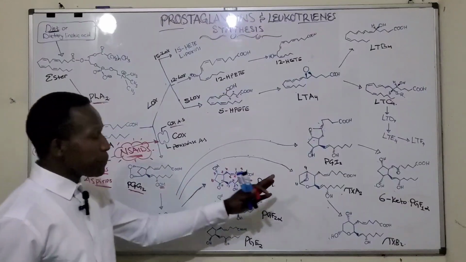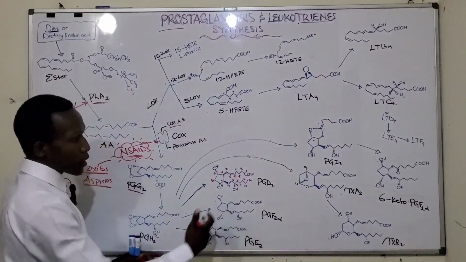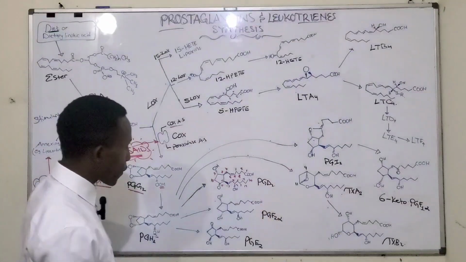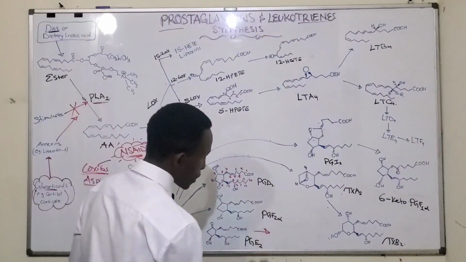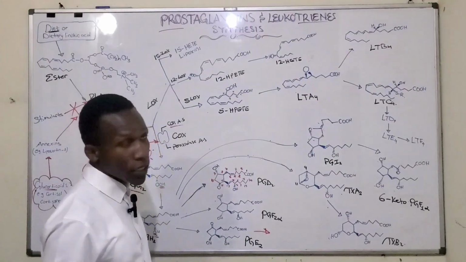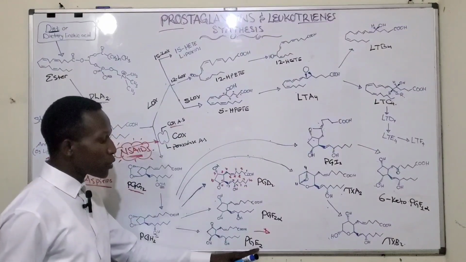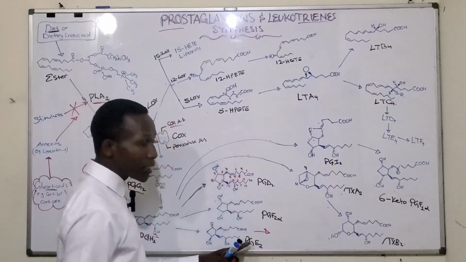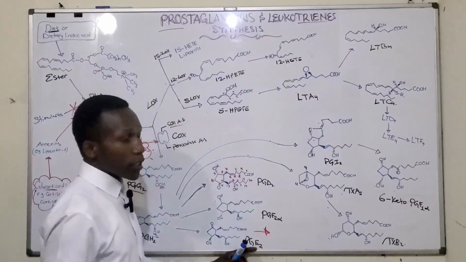Now, we have different agonists and antagonists of different metabolites. Different prostaglandins have different activities depending on the sites where they are produced. Prostaglandin E2 is produced in different sites.